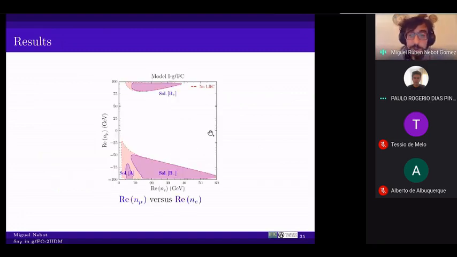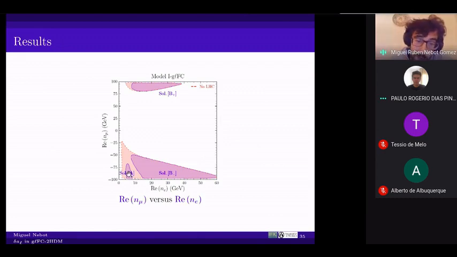So, just flashing a few of the plots that summarize the results of the analysis, you see that the regions in the two most relevant parameters fall into what I was expecting. It's not so clear, but this linear relation that comes from the two-loop contributions one can kind of guess.